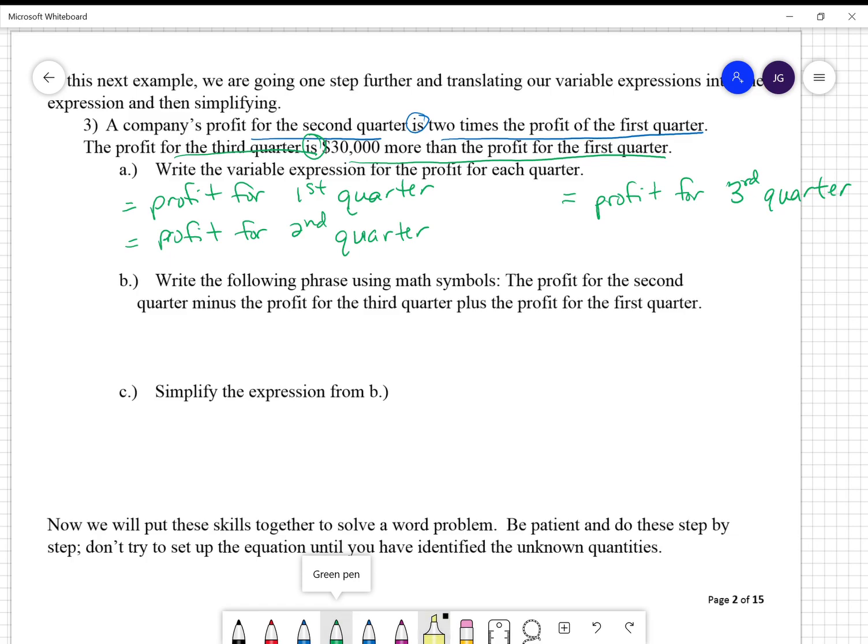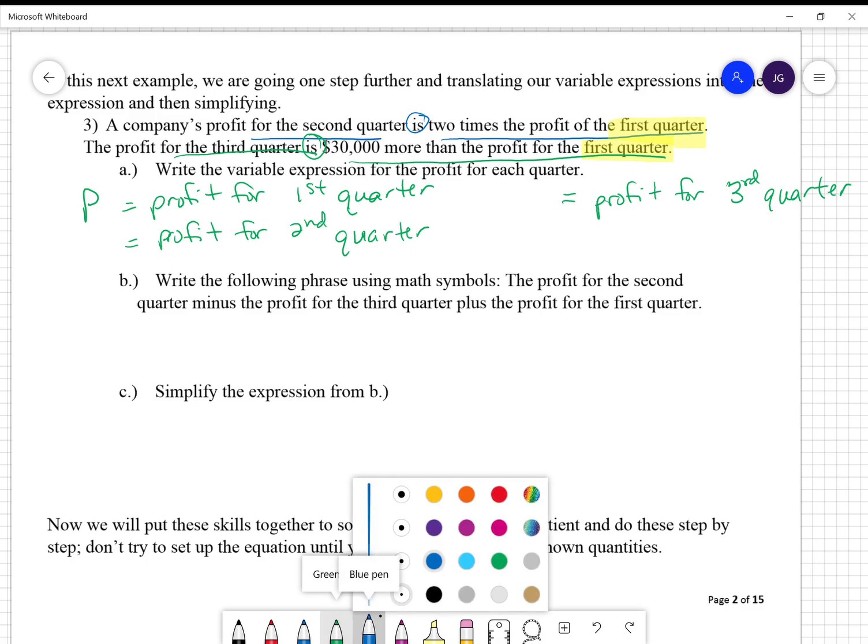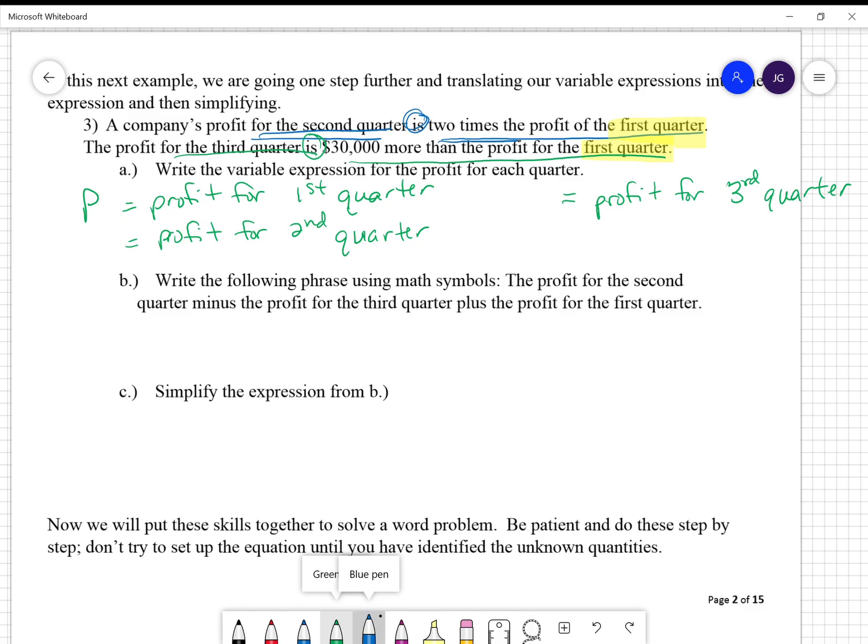Well, the second is being compared to first, and third is being compared to first. So first is my variable, and I'm going to use P for profit. So my profit for the second quarter is 2 times the first. So that would be 2P. My third quarter is 30,000 more than the first quarter. That would be the first quarter plus 30,000, or P plus 30,000.